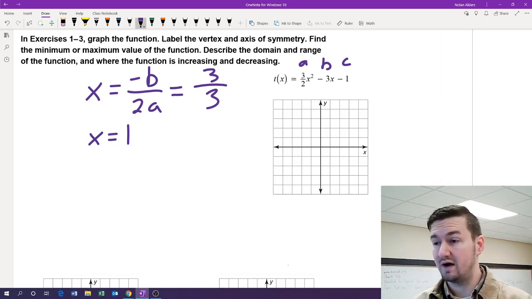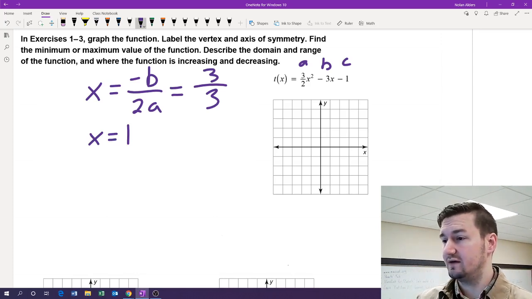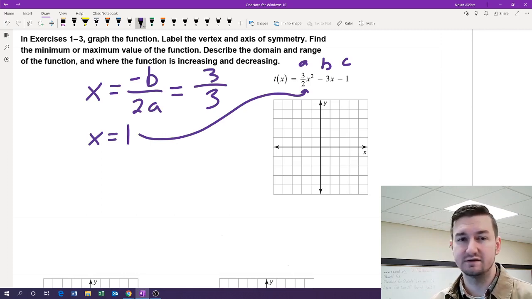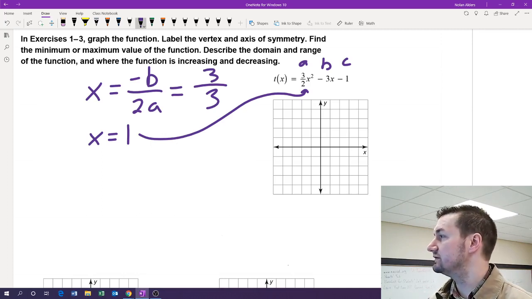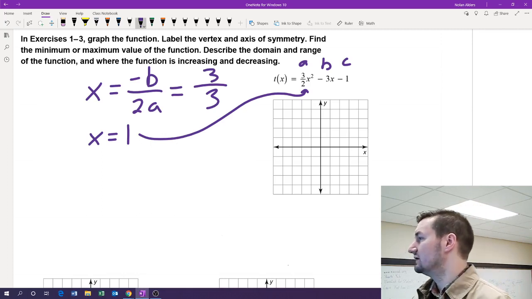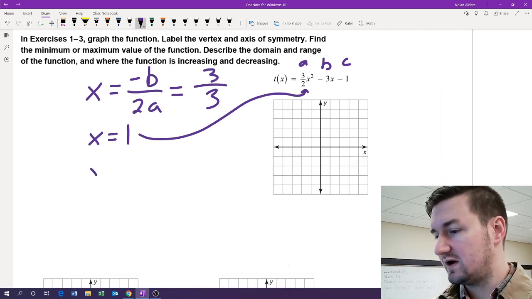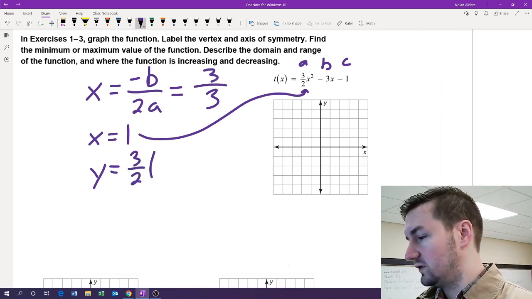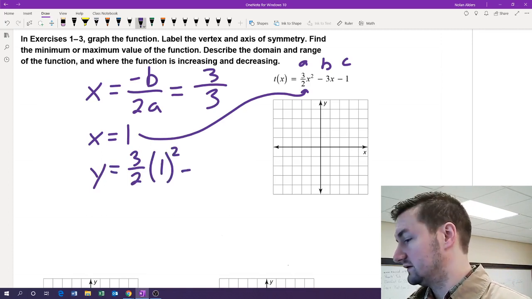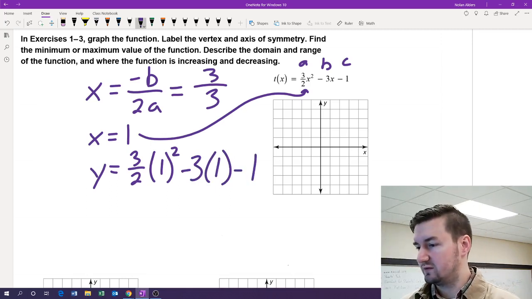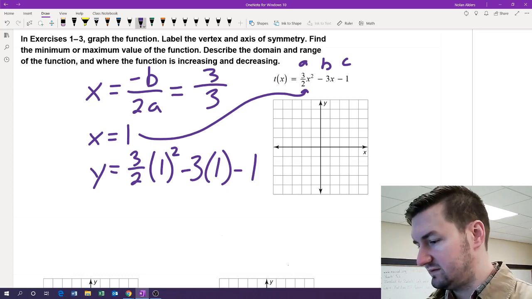Now, to figure out the y coordinate, we can just take 1 and figure out what the function solves to when we substitute 1 into our equation, or into our rule. So y is going to be 3 halves times 1 squared minus 3 times 1 minus 1. 3 halves times 1 squared is just 3 halves.